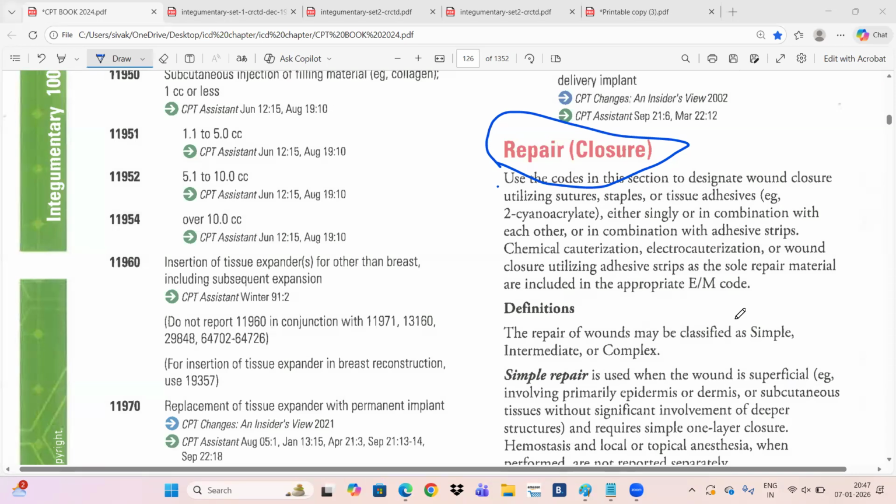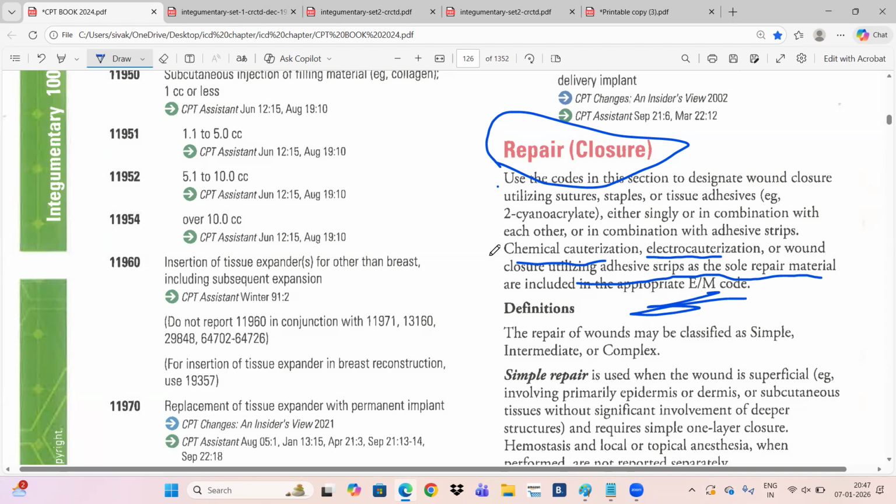Use the codes in this section to designate wound closure utilizing sutures, staples or tissue adhesives, either singly or in combination with each other. In combination with adhesive strips, chemical cauterization, electrocauterization, or wound closure utilizing adhesive strips as the sole repair material are included in the appropriate E/M code.